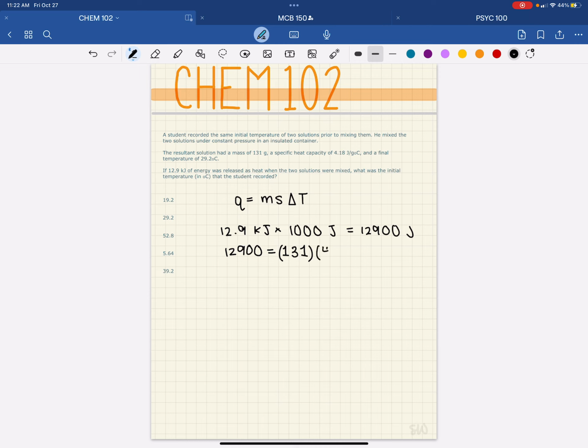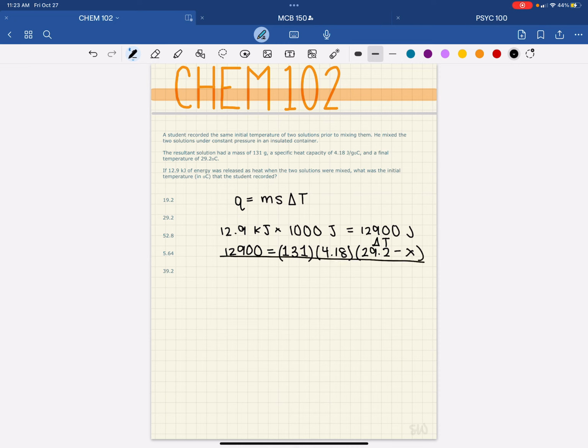I'm given that the specific heat is 4.18, so I'll put that there. And I am given that the T final of my delta T is 29.2, and I'm solving for the initial, which I'm going to write as X.